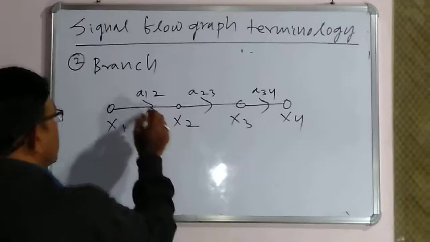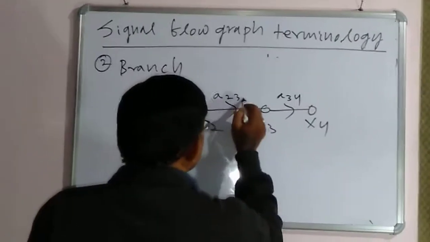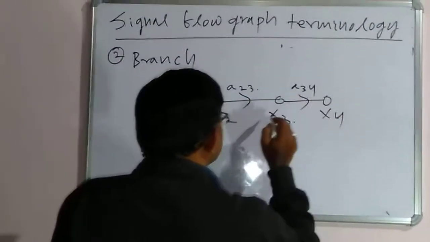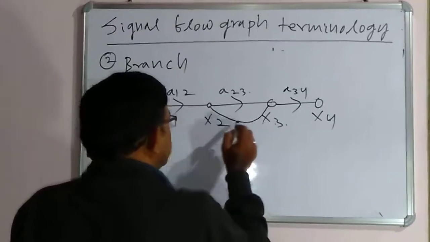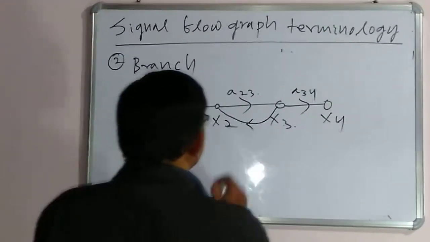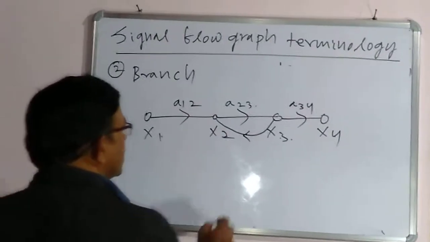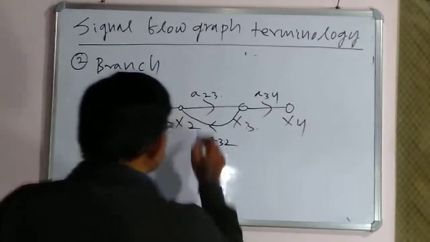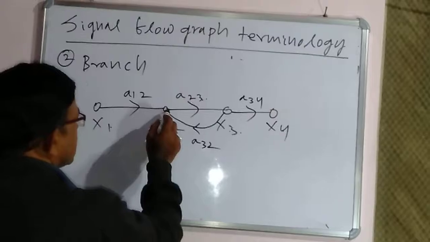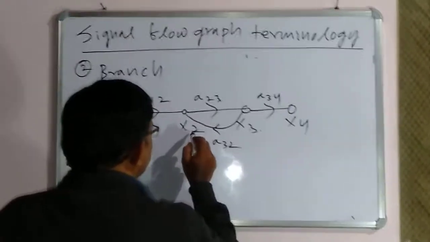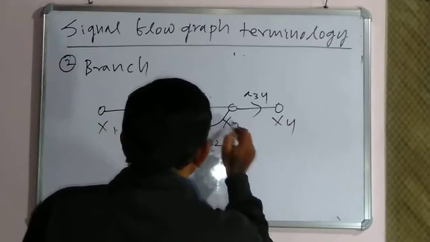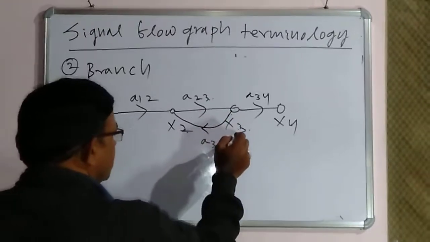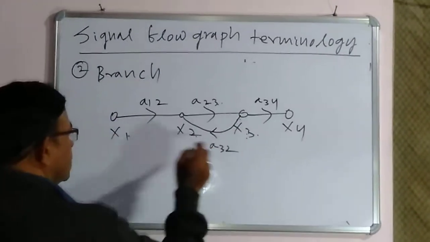That is 1 to 2, A1,2, 2 to 3, A2,3, and 3 to 4, A3,4. Suppose we draw another branch here. This one is A2,3 because it starts from node 2 and ends at node 3. But this branch starts from node 3 and ends at node 2, therefore this is A3,2.